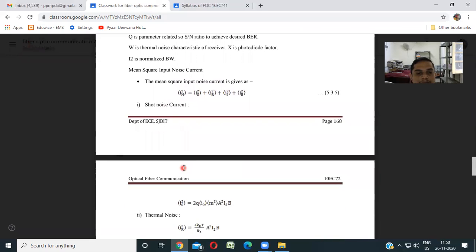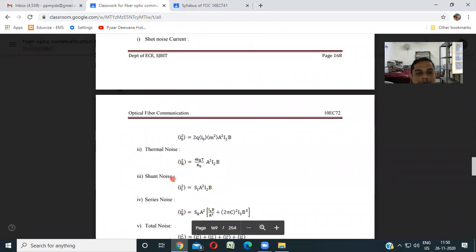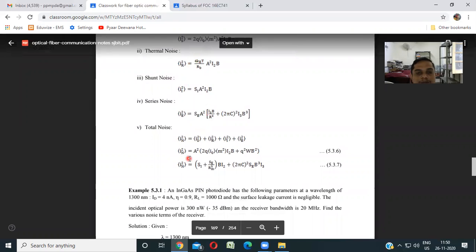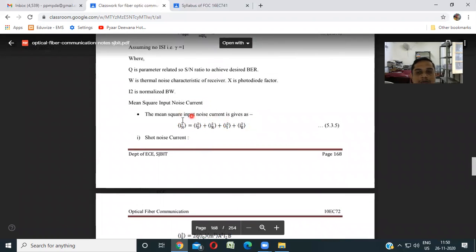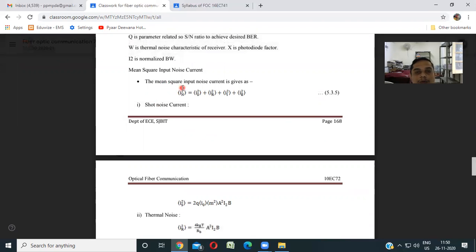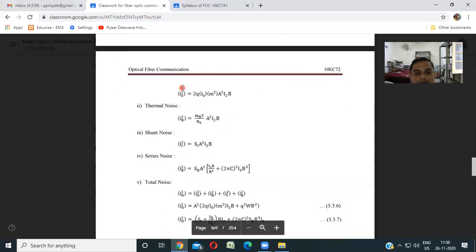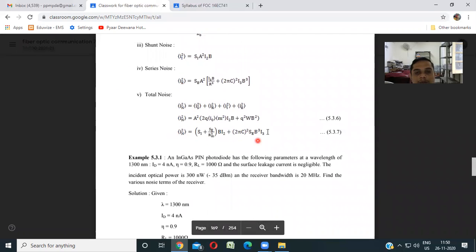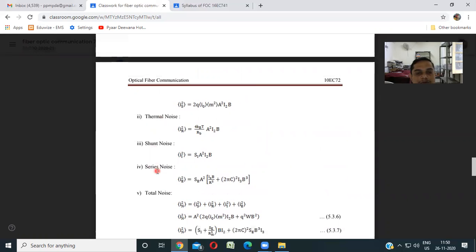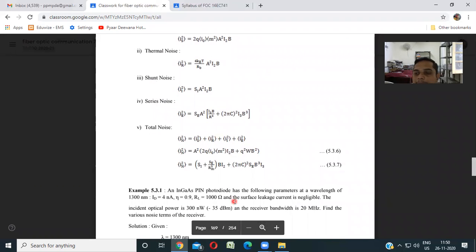This is the shot noise, then thermal noise, shunt noise, series noise, then the total noise. If you substitute all these equations in the above equation, you will get the mean square input noise current of the optical receiver. So remember this total noise present in an optical receiver.